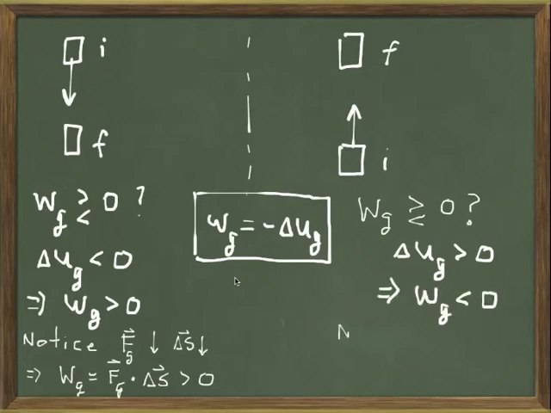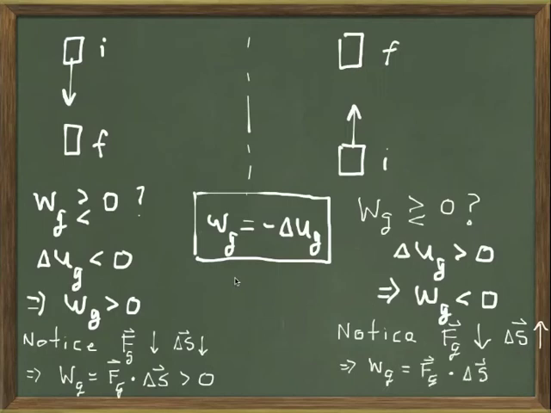Or you can think of it from the definition of work. Notice that on your way up, gravity is pointing down, but your displacement is pointing up because you're going up. Okay? So your delta S is up and your force is down. When you take the dot product between two vectors that are opposite in direction, you should get a negative number, right?